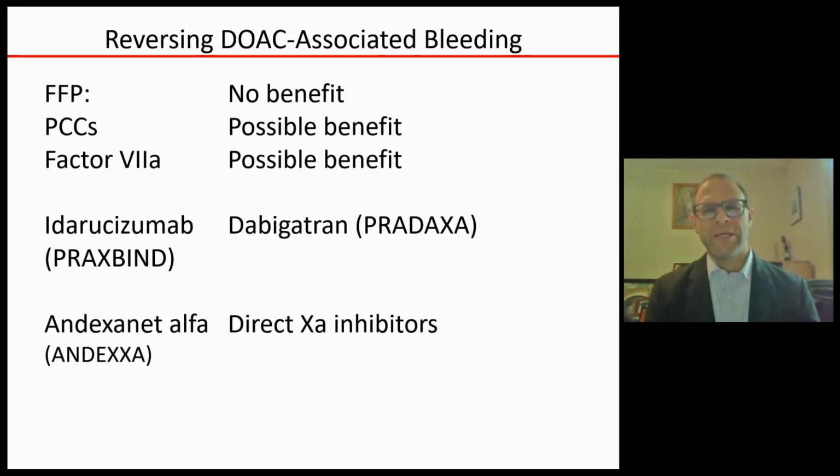FFP typically won't have enough factor to help, but 4-factor PCC, which includes factors 2, 7, 9, and 10, will. So it does have 2, it does have 10. 7A or Novo7 may also help, but we now have drug-specific reversing agents available. Idarucizumab is anti-dabigatran, and Andexanet blocks the 10A inhibitors, rivaroxaban, apixaban, and edoxaban.